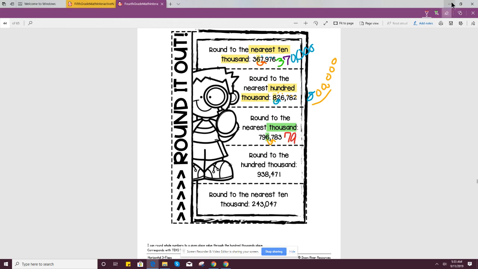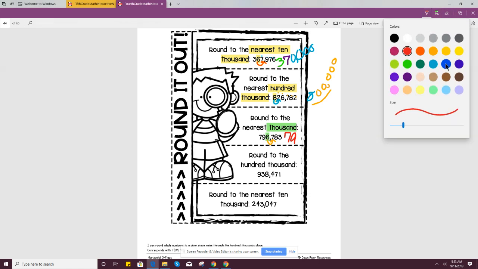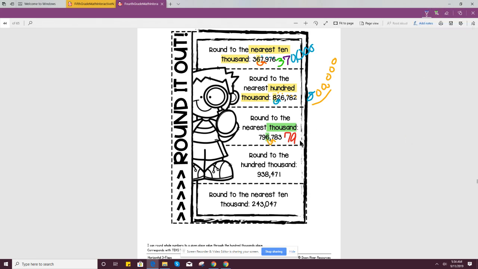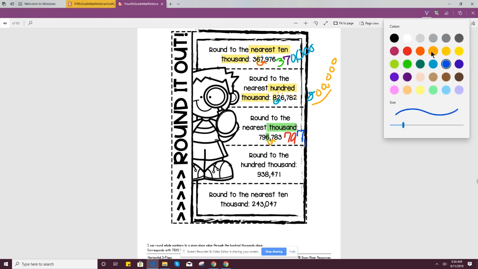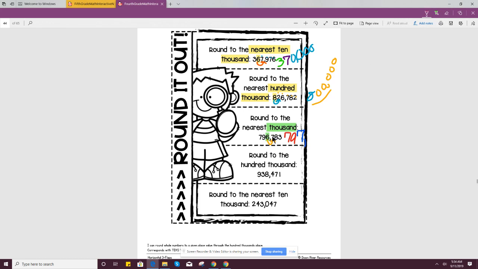Now let's look at the 6. Is the number behind the 6 5 or more, or 4 or less? It's 5 or more. So if it's 5 or more, 6 is going to up the score to a 7. And then everything else behind it, 1, 2, 3, turns into zeros. So this is the answer you should write underneath that third flap.